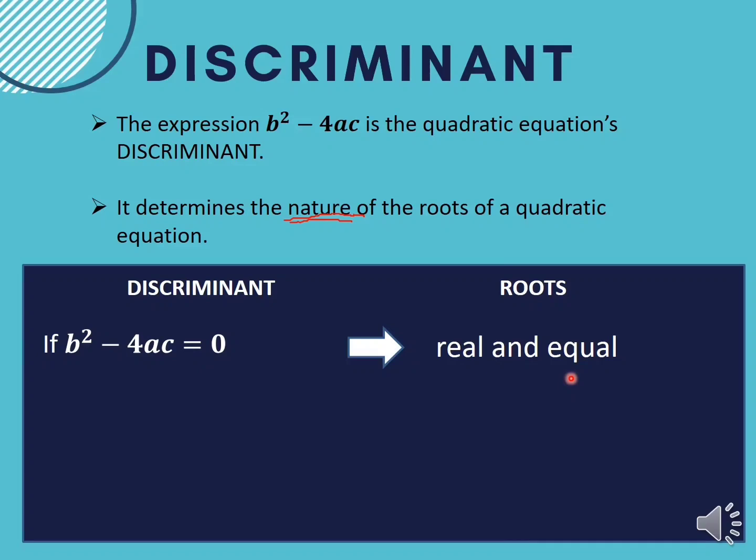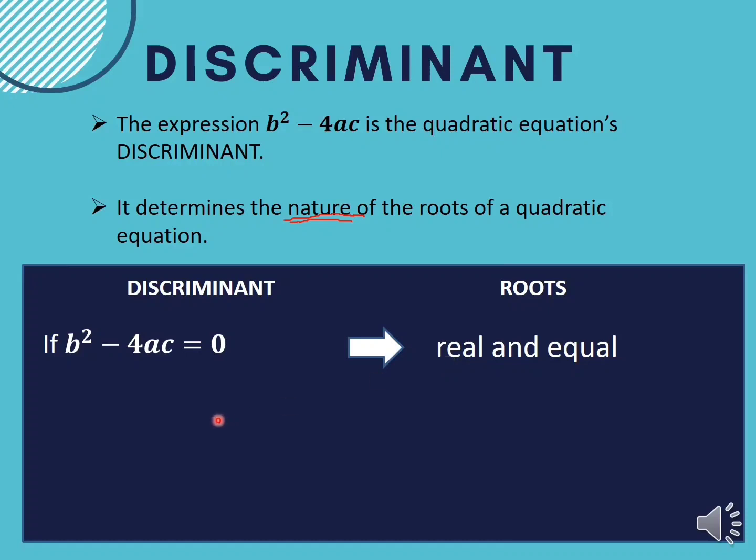Ibig sabihin, parehas lamang yung roots. If our x sub 1 is negative 1, therefore, yung x sub 2 natin is also equal to negative 1. So that is the meaning of equal roots. And they are real numbers. Again, I will recall, real numbers are all rational numbers, integers, whole numbers, natural numbers, and so on. Ang hindi lamang po real numbers are those imaginary numbers o yung square root ng negative number.